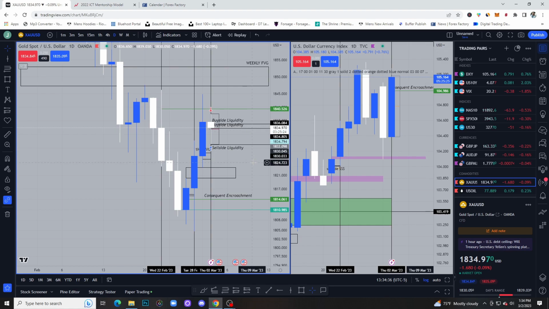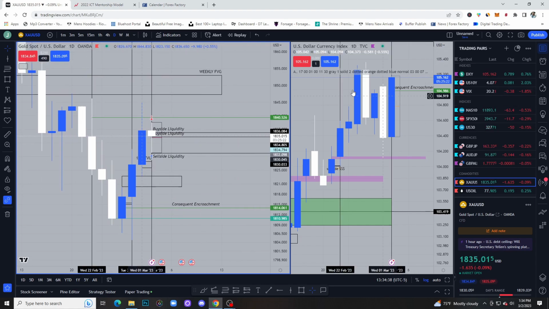Also note, if you didn't know, as a new trader, gold and the dollar basically have an inverse relationship, because the ticker for gold is XAU USD. So this is gold versus the dollar. If you put a little hyphen here, this is gold versus the dollar. Generally, this is going to have an inverse relationship. Gold is going to have an inverse relationship with the actual dollar, because it's being weighed against it.